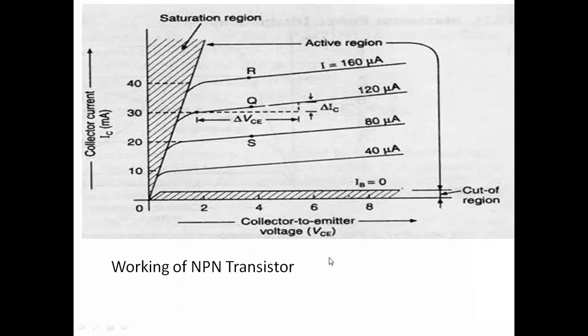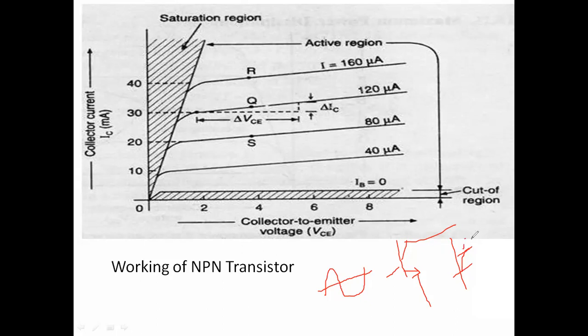When a sinusoidal signal is applied as the input for the transistor, at the output some portion will be cut off.